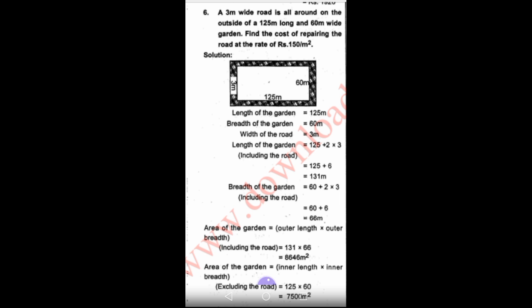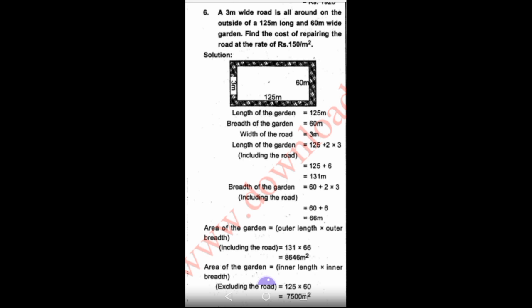Firstly we find out the area of the outer rectangle, which equals outer length into outer breadth. This is the area including the road. When we put the value of outer length, which is 131, multiplied by 66, we get 8646 meter square.